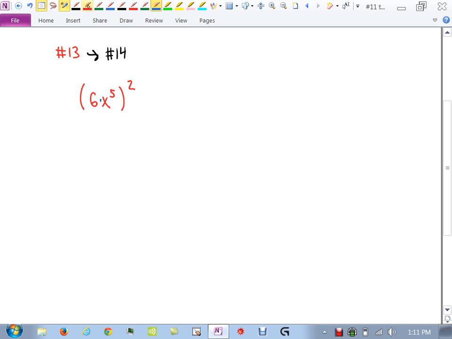What you do is you apply that power to both factors. So it's 6 squared and then x to the 5th squared. Remember that? 6 squared is 36. X to the 5th squared is power to power, so that's x to the 10th. And am I happy with that? Yes? No negative exponents? It's all good.